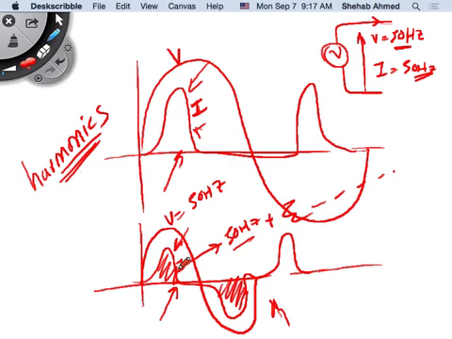If current is flowing and exists in a system, what is it going to do to the cable resistances, the transformer resistances, and the motor resistances? This is actual current flowing. It will cause power losses. So these harmonics will cause power losses in the system. What will these harmonics do to the apparent power rating of my transformer?